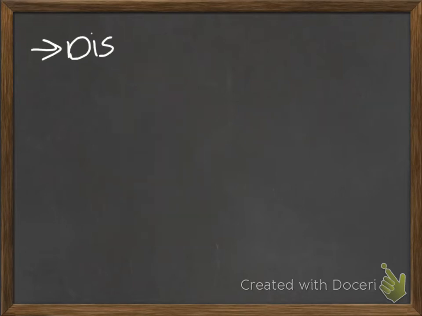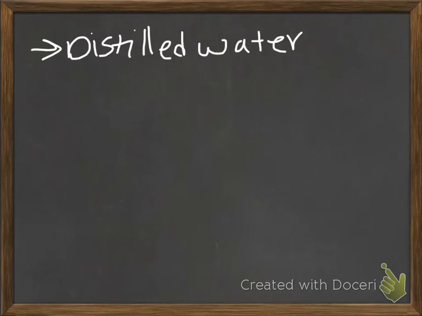Now let's move on to another example: distilled water. Do you know what distilled water is? You know the process of distillation, no? When water is separated from any other miscible liquid, this is known as distillation. When we separate water from any other miscible liquid, we collect it as pure water in another beaker.